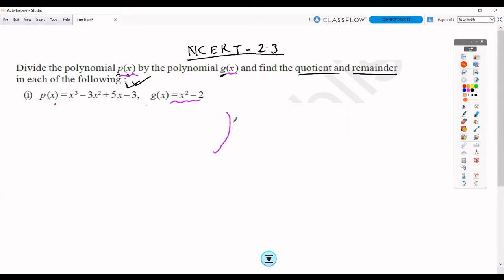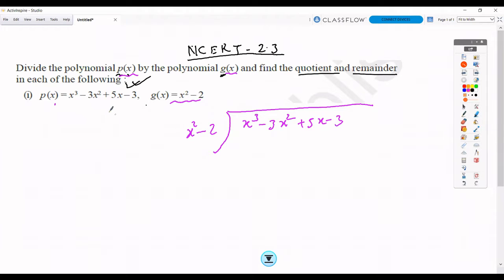So we are doing simple long division, although in Vedic mathematics, there is a synthetic way to divide it. But in CBSE, we are not practicing the synthetic way. We are practicing only the long division way. So x cube minus 3x square plus 5x minus 3 is going to be divided by x square minus 2.